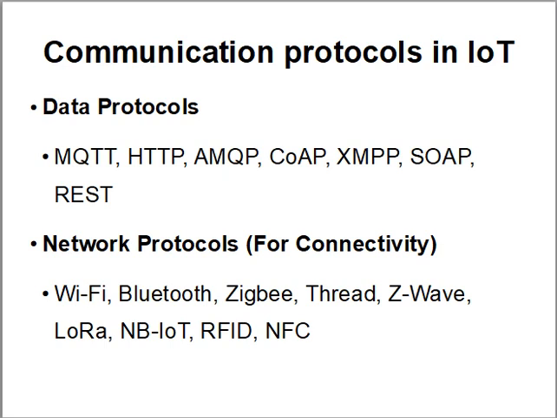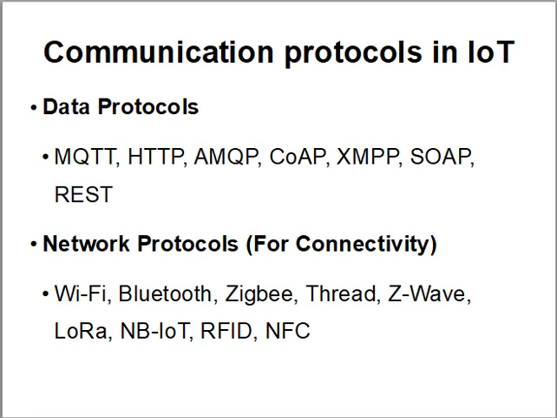So if we talk about what are all the data protocols that are used in IoT, one of the important protocol that is used is MQTT. You go to any guy who is working on IoT, the first thing he says, I'm using MQTT to communicate from my device.